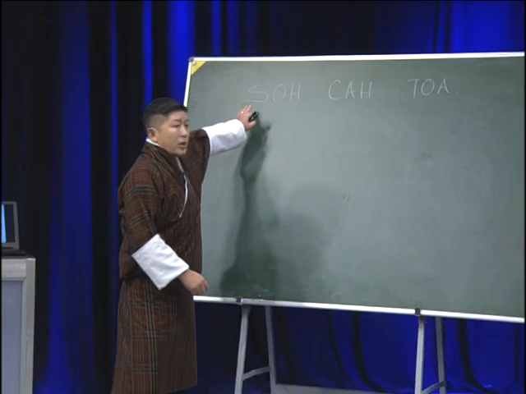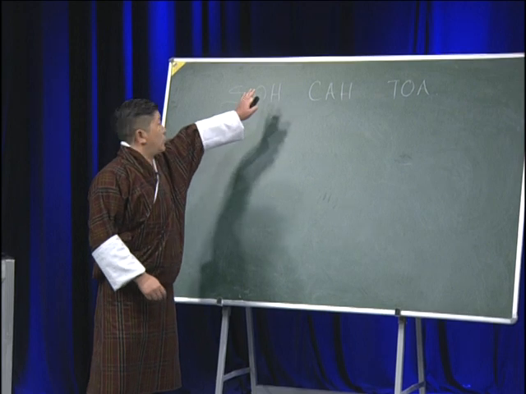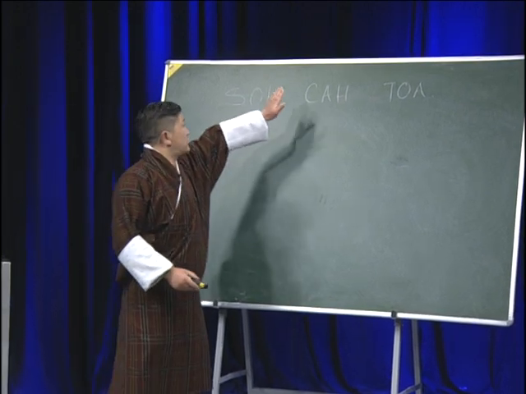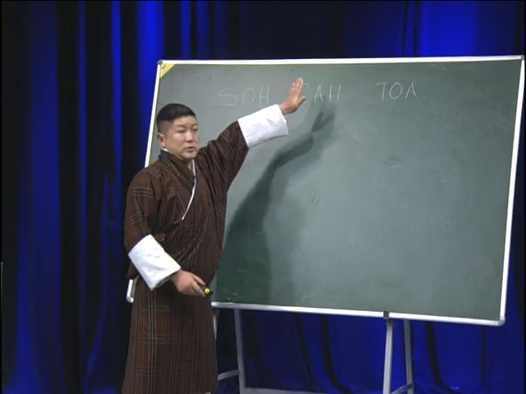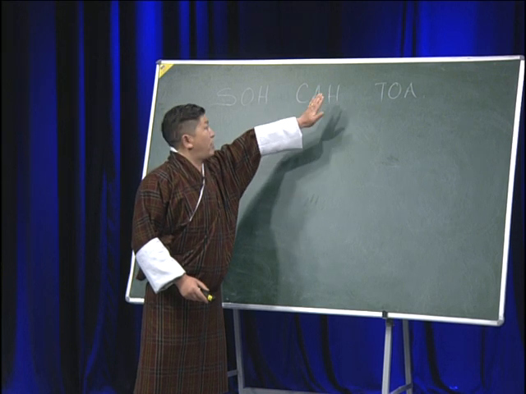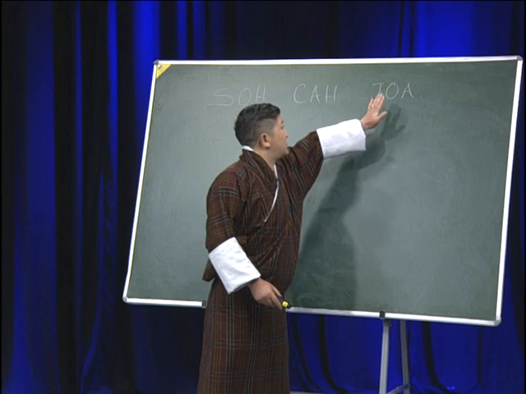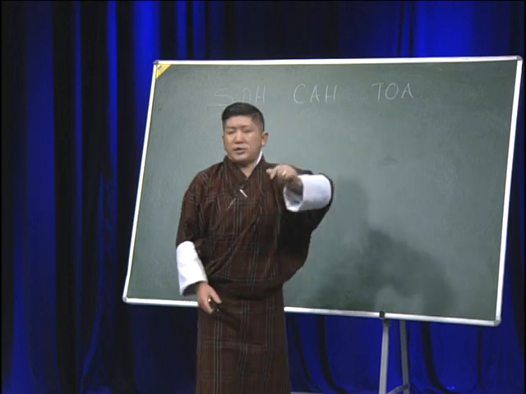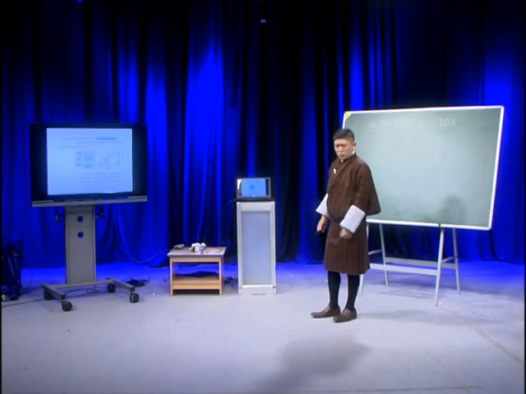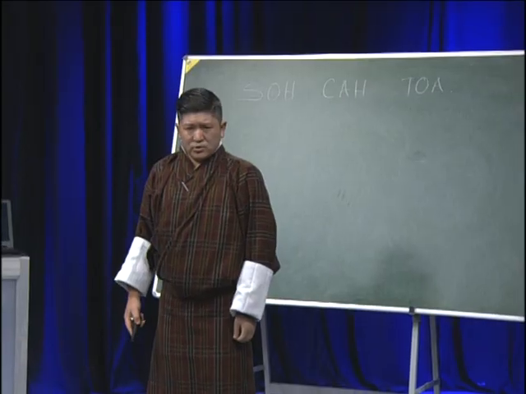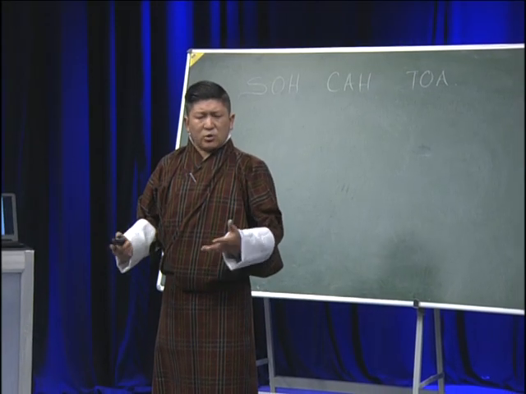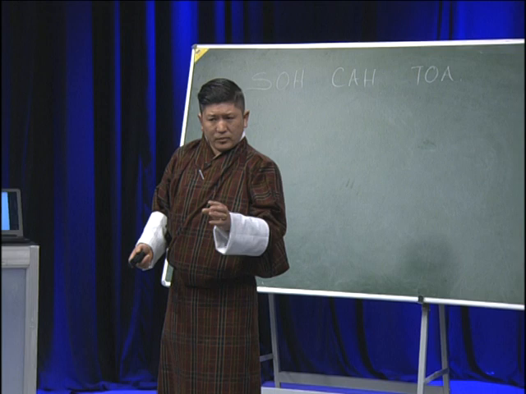When you're talking about the sine of an angle, it is opposite over hypotenuse. When you're talking about the cos of an angle, it is adjacent over hypotenuse. When you're talking about the tan of an angle, it is opposite over adjacent. So this is how the three ratios are. Usually these ratios are constant for a certain angle.